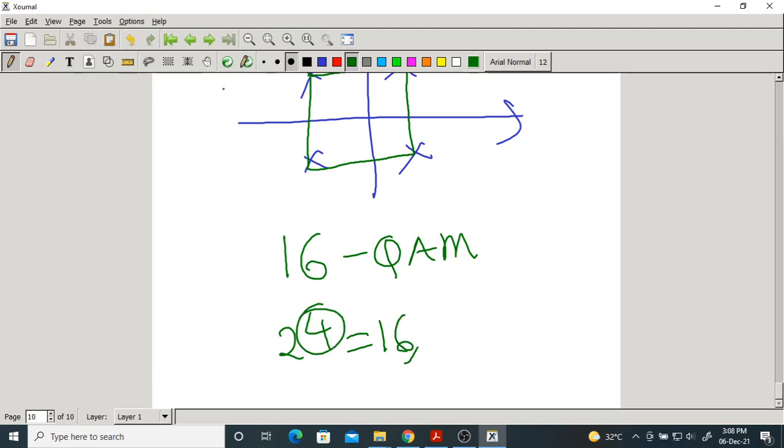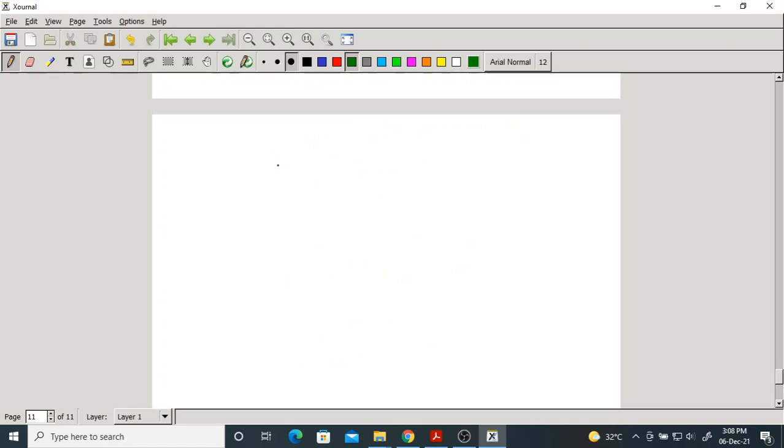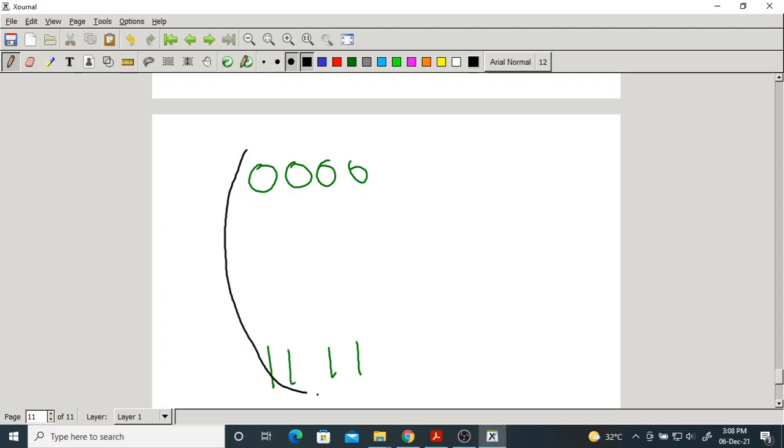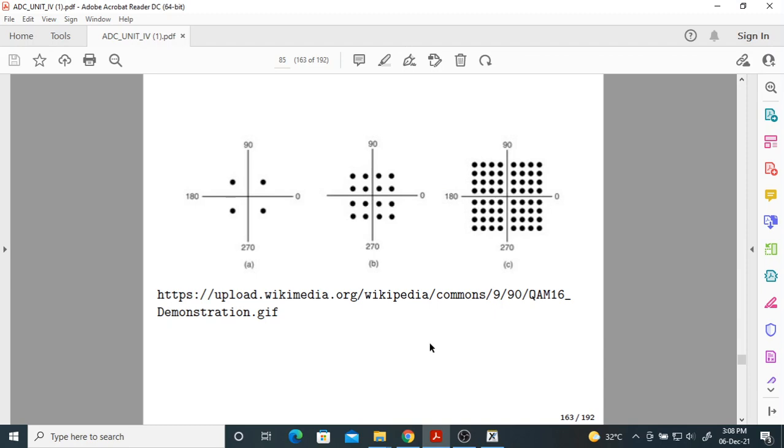What are the possibilities of getting 4 bits? 0, 0, 0, 0, and so on up to 1, 1, 1, 1. This is the decoding, you know already. In this diagram, all the symbols are shown. This is 4 zeros, this is 0, 0, 0, 1, like that. Different symbols will have different phases and amplitudes. That is called QAM, quadrature amplitude modulation.